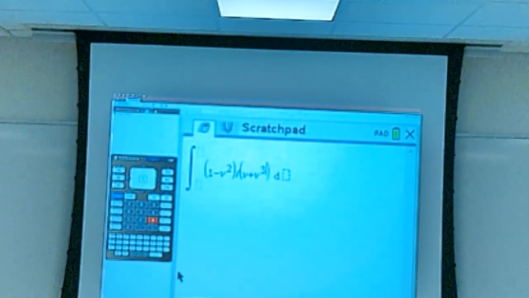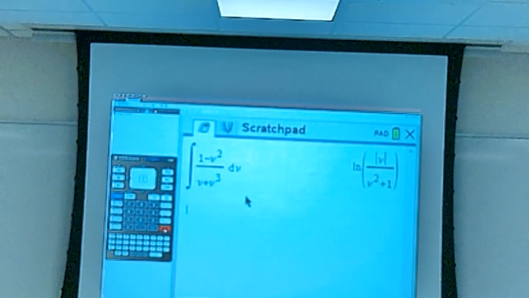Now, when you're doing powers with the caret in this calculator, be careful. Notice that the cursor is still in the exponent. So you can either hit tab to get out of it, or the right arrow. And you don't want it to keep writing out your equation, because it'll all be in that power. Tab again, with respect to v. Enter.